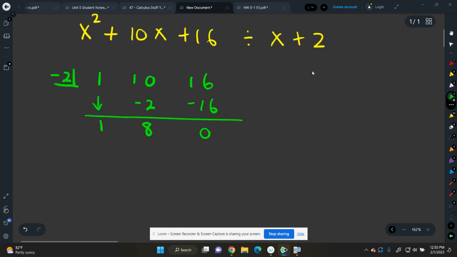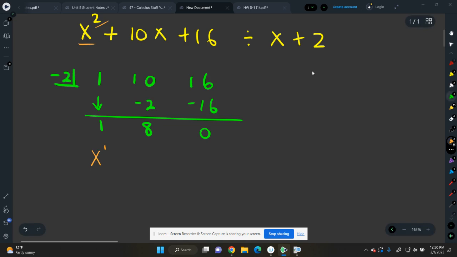Okay? Now that we did that, we have to interpret it. So we started off with x squared. Our answer, okay, write this in your notes: when we divide using synthetic division, the answer will be 1 less than the exponent we started with. Here we started with x to the second, so the answer is going to be x to the first.